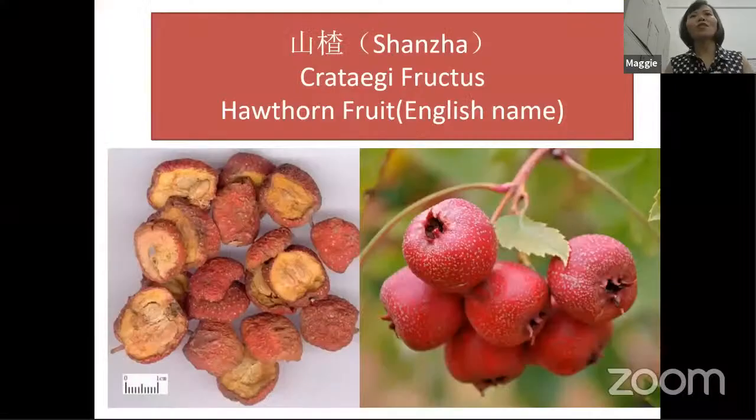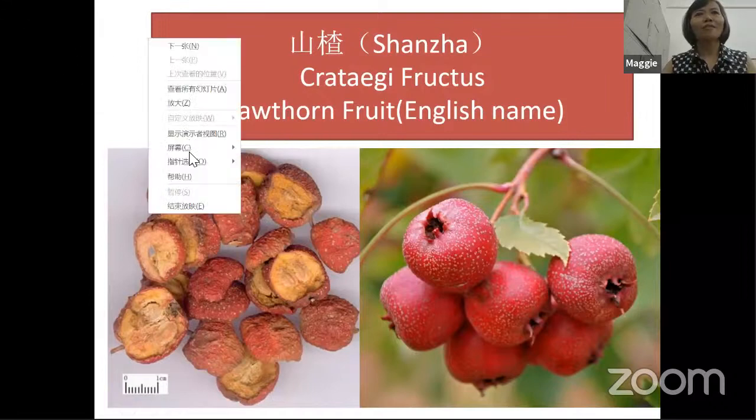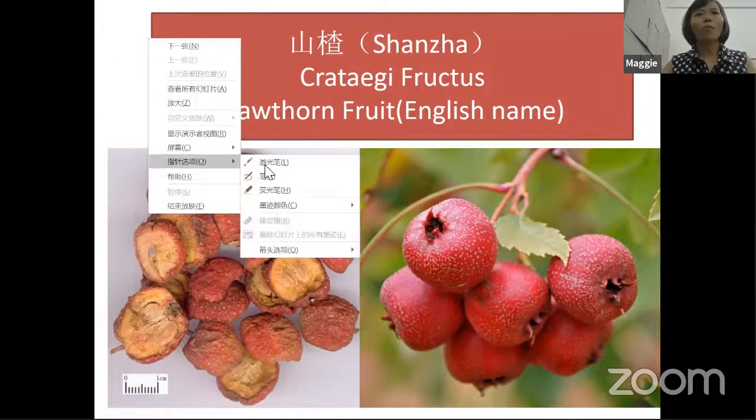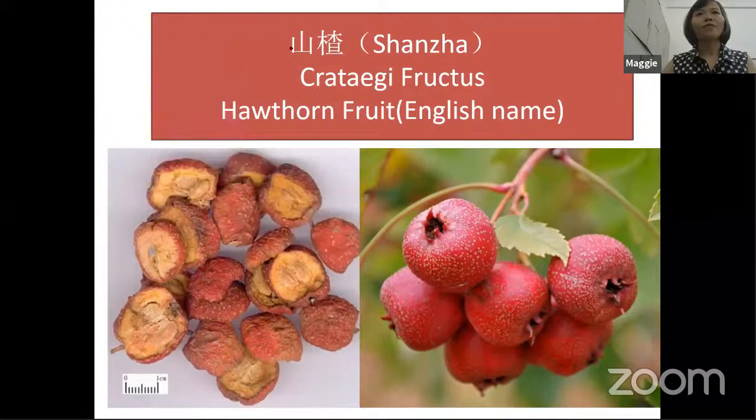The next one we'll talk about is Shanzha. The Chinese name is Shanzha, with the same Chinese pinyin, and the Latin name is Crataegi Fructus, and the English name is hawthorn fruit.